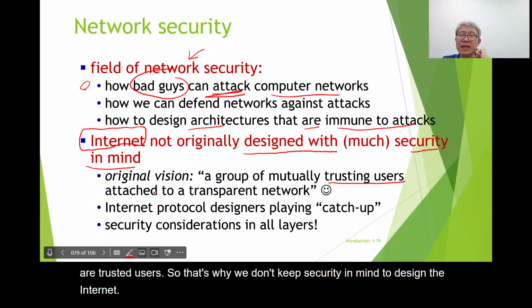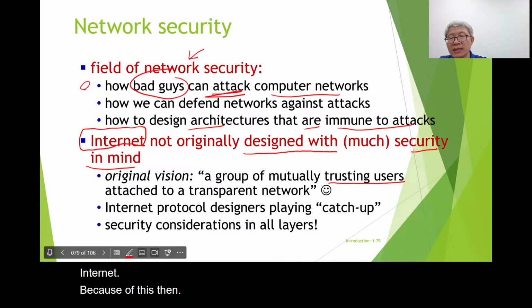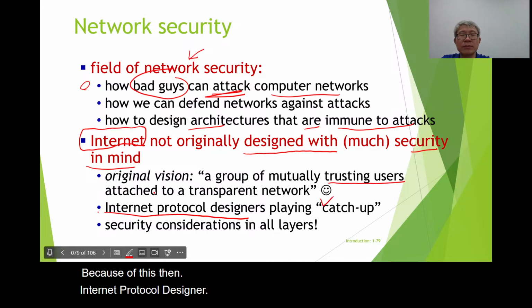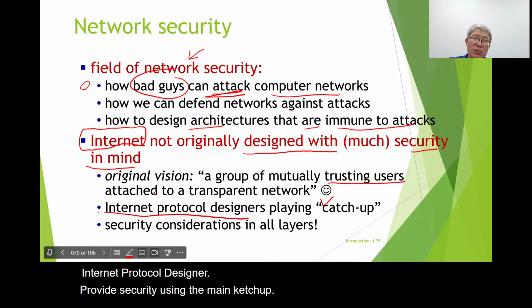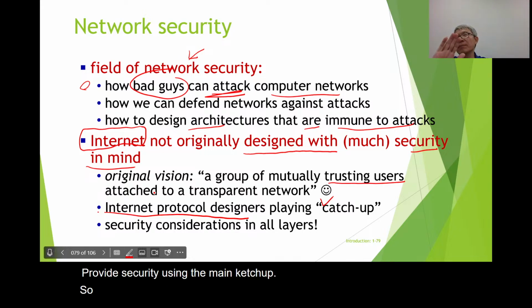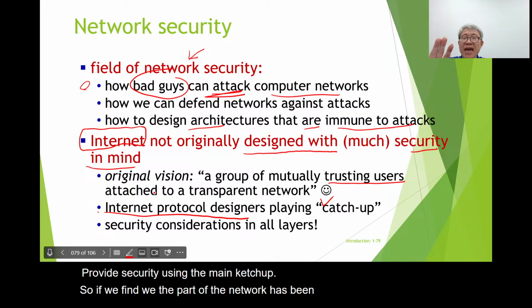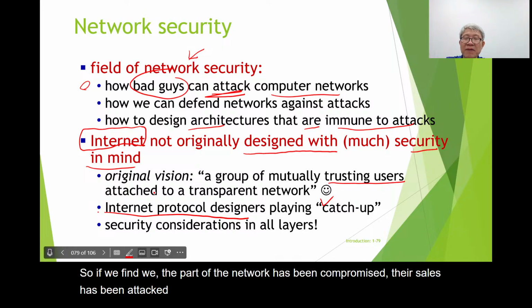Because of this, internet protocol designers provide security in a catch-up manner. If we find that part of the network has been compromised or attacked, then we do the catch-up.